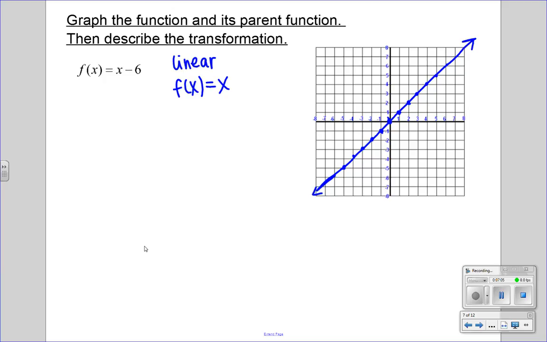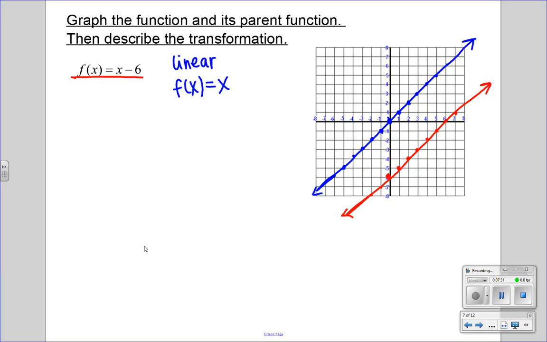Okay. And now let's do the f of x equals x minus 6. Now we can use slope-intercept form. Our intercept is at -6, and then a slope of 1. All right, connect those.